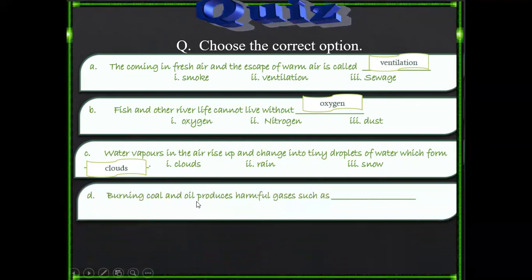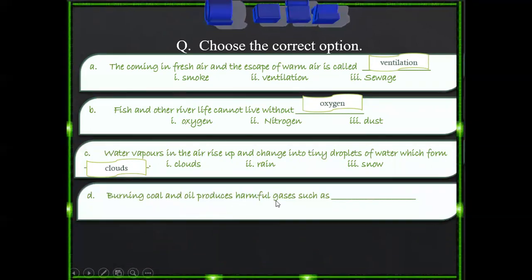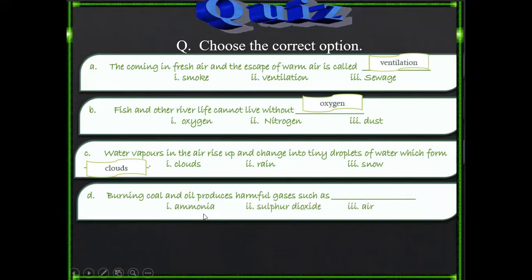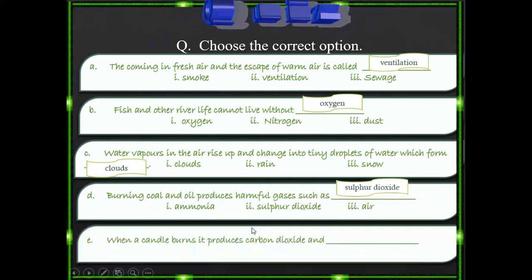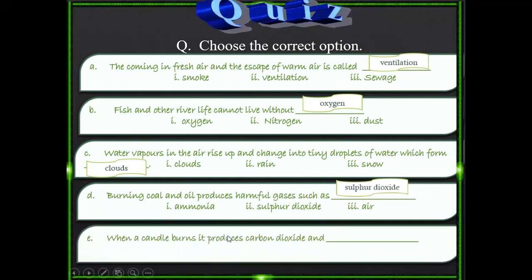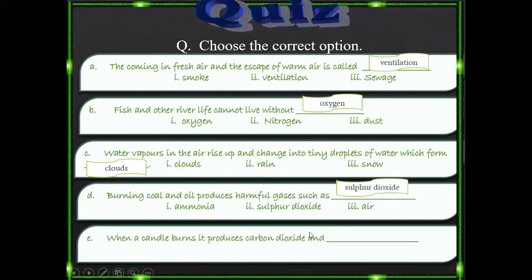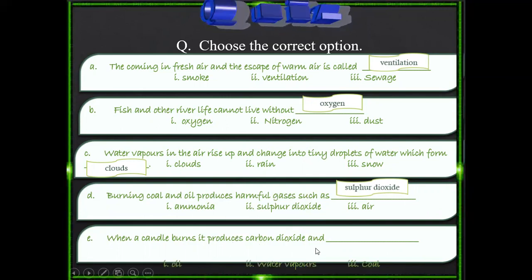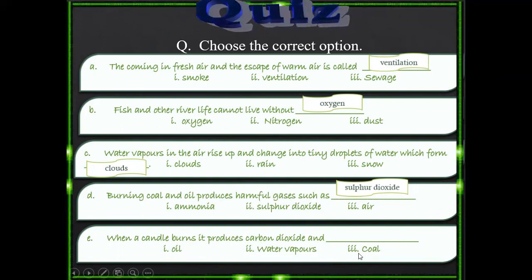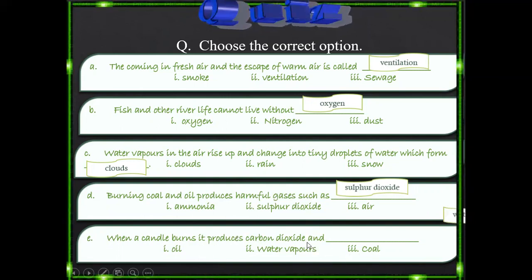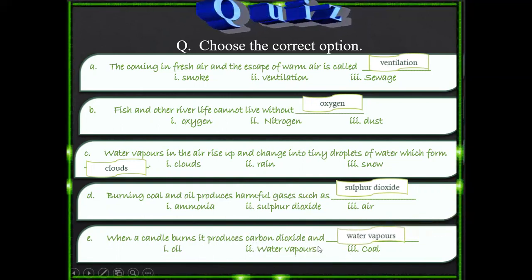Burning coal and oil produces harmful gases such as ammonia, sulfur dioxide, or air? Yes, it's sulfur dioxide. When a candle burns, it produces carbon dioxide and oil, water vapors, or coal? Yes, it is water vapors.